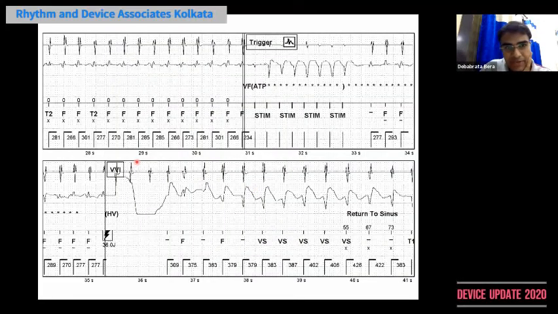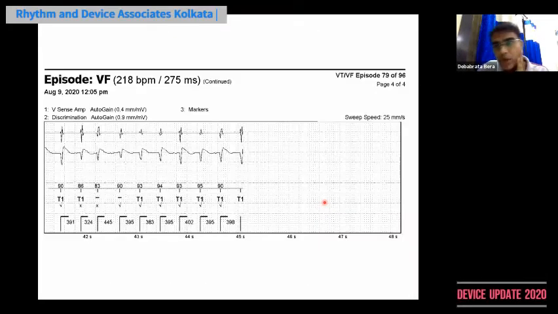The VT was very fast, so it was in the VF zone. She received an ATP, which was unsuccessful in treating the tachycardia, and hence she appropriately received a shock. And what we see here is sinus rhythm, although there is a little sinus tachycardia. So I'll stop here. If there is any question, I'll take it, then I'll move forward.